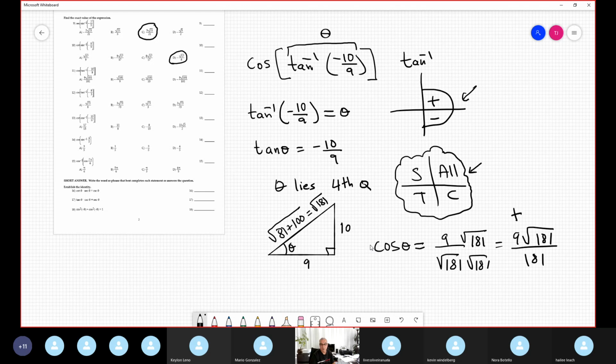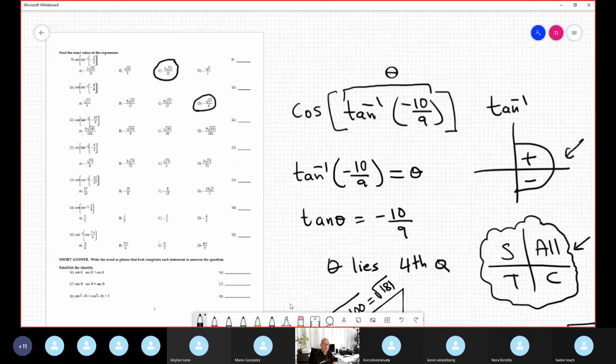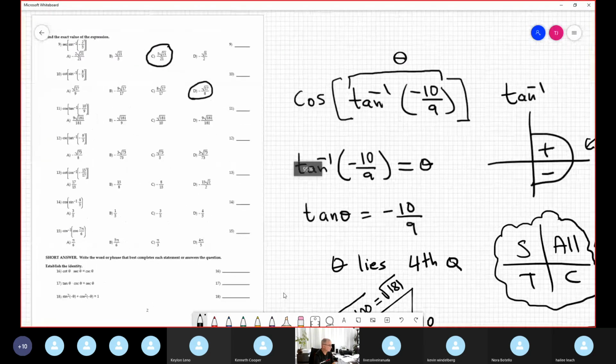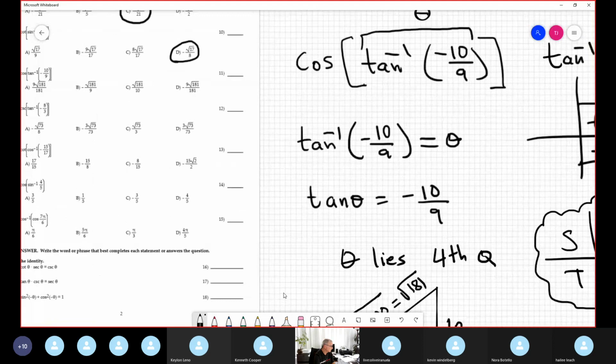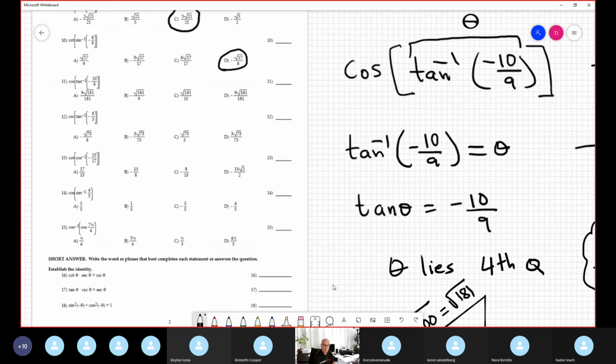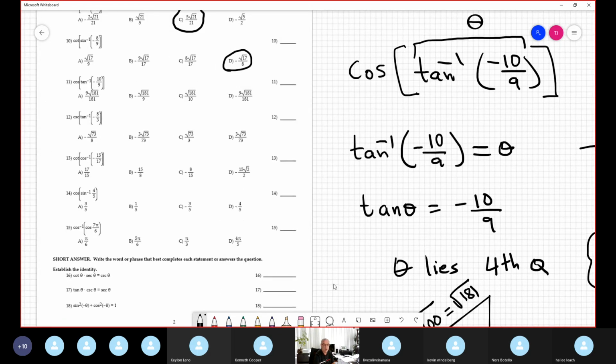Plus or minus? It's positive. Why? Because it's in the fourth quadrant. Exactly. The angle is negative and the value is positive. And the answer is A, no? Is it okay?